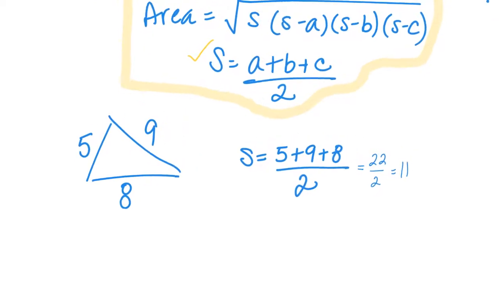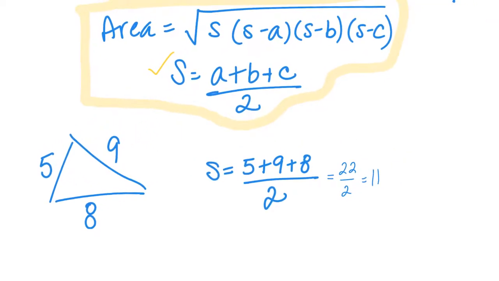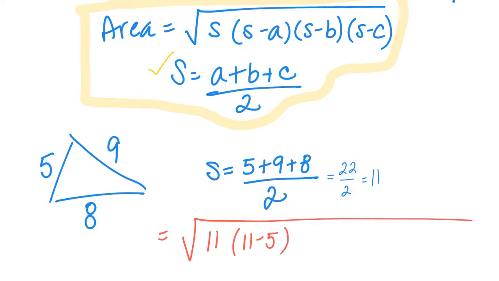So we're going to plug all of this back into Heron's area formula by using the number 11. And you could just go ahead and use your calculator and put in 11, 11 minus 5, 11 minus 9, 11 minus 8. And when you push equals, you should get the answer.